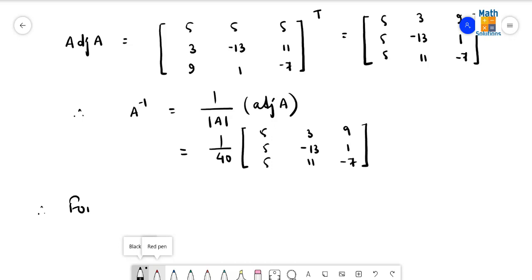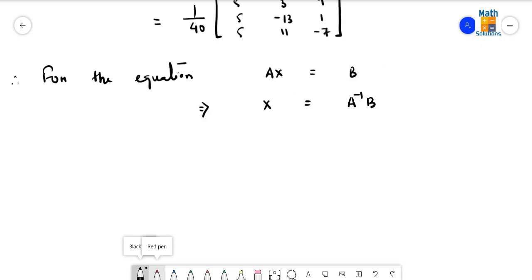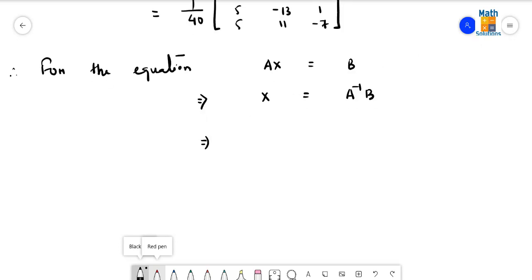Therefore, for the equation AX = B, this implies X = A inverse B, by pre-multiplication with the matrix A inverse. We can write here X is equal to 1 by 40, actually I should write here 40.